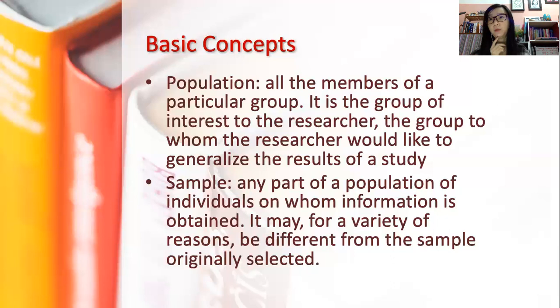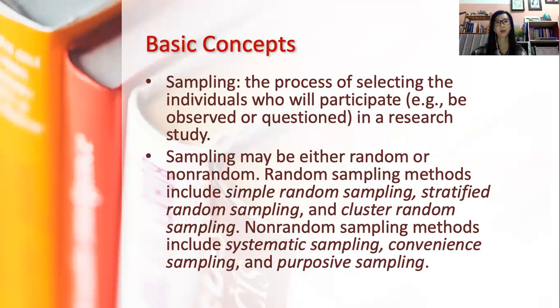So you need different sample sizes. And then the technique of selecting your sample out of the population, or the process of selecting the members of your sample, is what we call sampling.